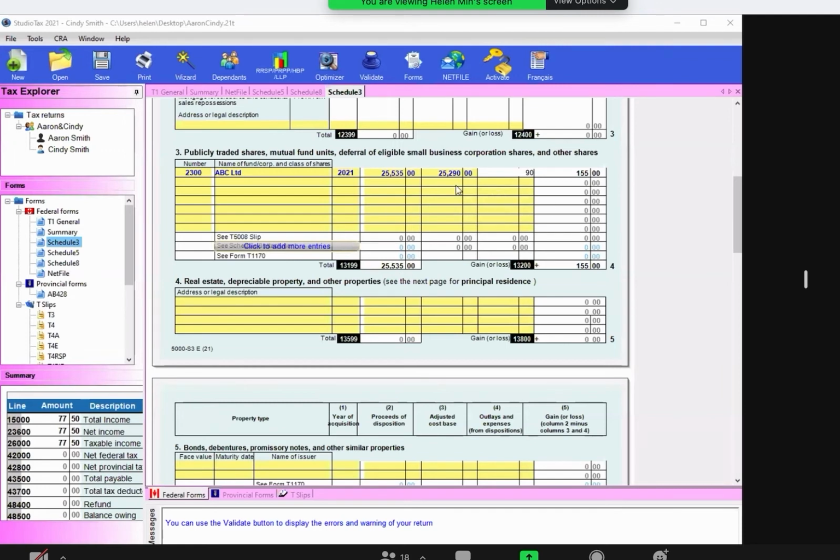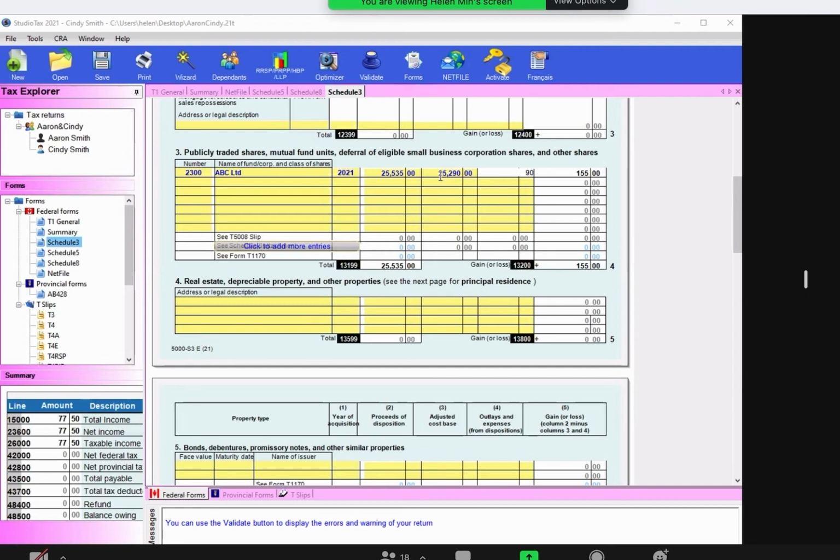Column 3 is harder, but this one is easy. That's the number of shares, and column 2 and column 4 are easy. You just use the T5008, calculate, then put it in Excel.